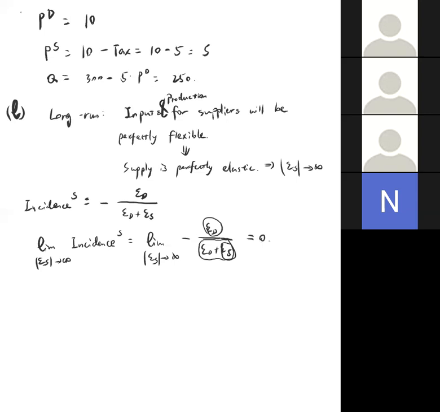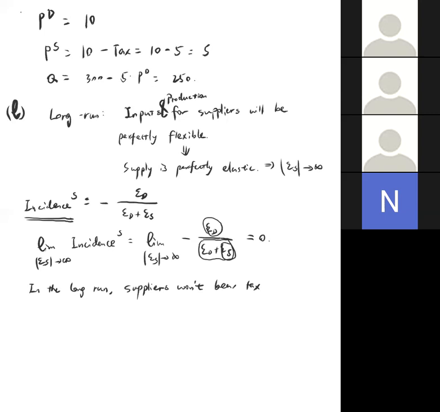Okay, so if the limit of this thing goes to 0, then that means in the long run, because this is the share of tax borne by suppliers, suppliers won't bear any tax.